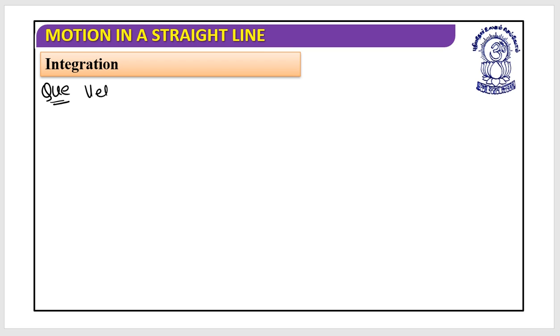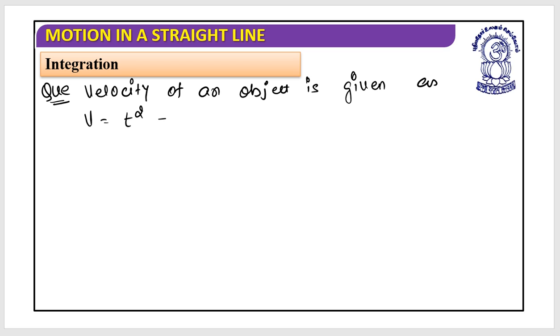Let's say the velocity of an object is given as v equals t square minus 4t plus 5 meter per second.